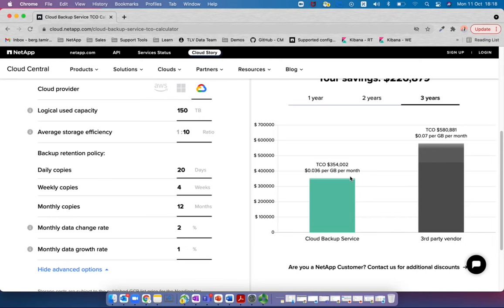Now, while CBS only requires a license and the object storage infrastructure, when discussing third-party solution, other elements are required as well. While CBS uses ONTAP's native SnapMirror cloud to back up data directly from ONTAP into the cloud with efficiencies enabled from the get-go, alternate solutions require local hardware to be in place, both locally and in the cloud.